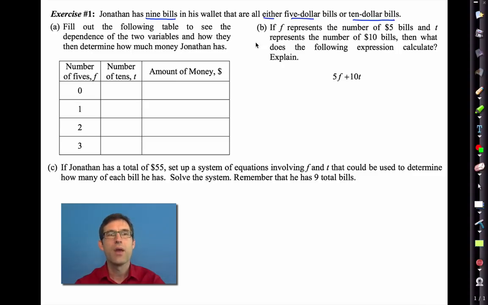So for instance, if he's got 0 5s, then the number of 10s he has must be 9, right? Because he's got 9 bills, and the number of 5s and the number of 10s has to add up to that. Now, of course, the amount of money he has is 9 times 10, or $90. Simple enough?